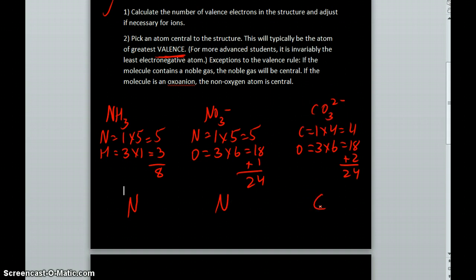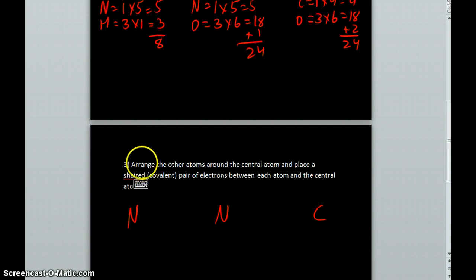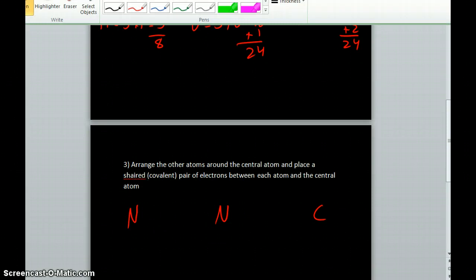Now, the next rule, we want to arrange the other atoms around the central atom in this step, and we want to join them to the central atom by one shared pair, or a covalent pair as it's called, of electrons.